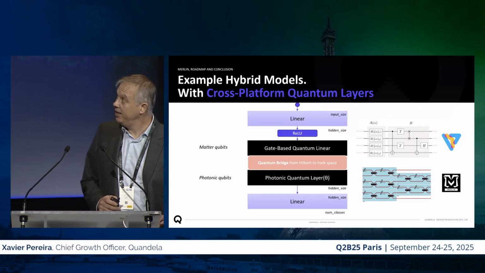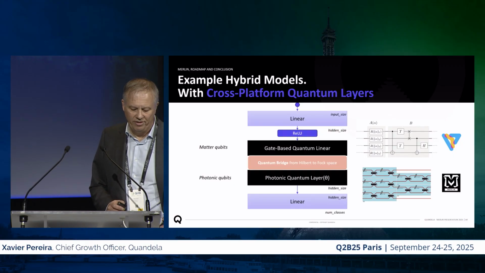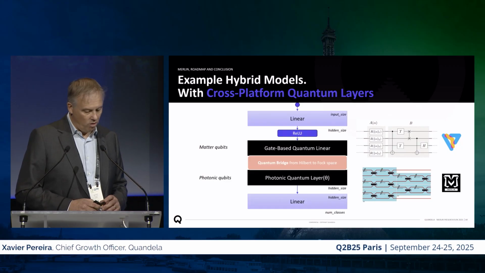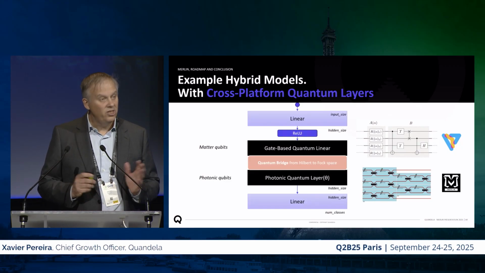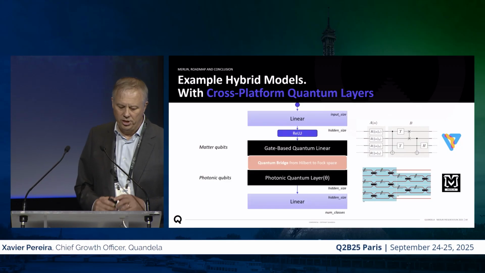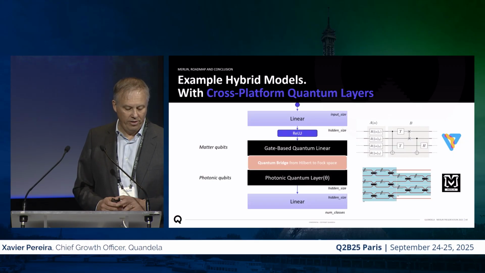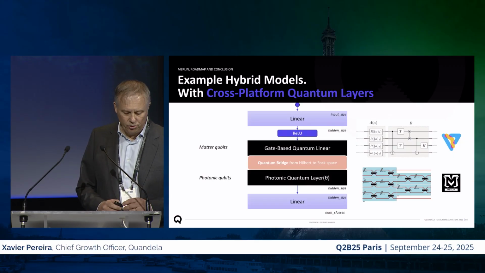Finally, MerLin is designed to be cross-platform. Quantum layers can run on different types of hardware: photonic, gate-based, or hybrid. This flexibility is essential because each technology has strengths, and MerLin allows us to leverage them. So for enterprises, this means that they can explore QML today without being locked into one architecture.